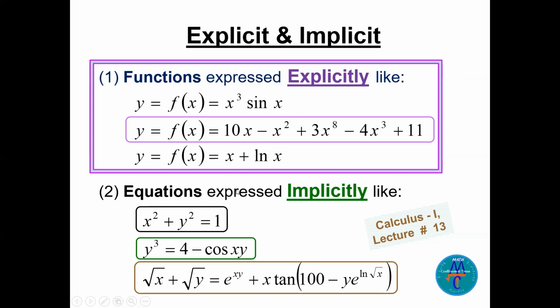Now the equations expressed implicitly like these: x squared plus y squared is equal to 1, y cubed is equal to 4 minus cosine of xy, and this one is more and more complicated. So when you cannot write y equals something in terms of x, then you can use implicit differentiation.